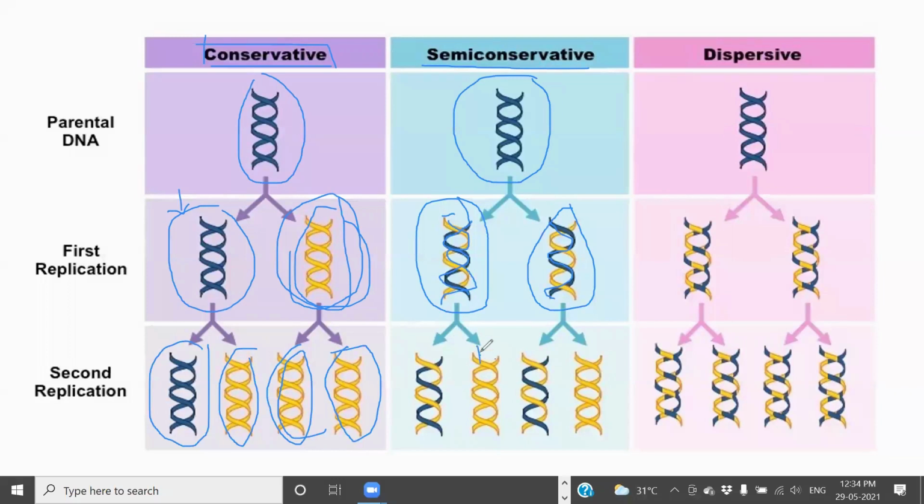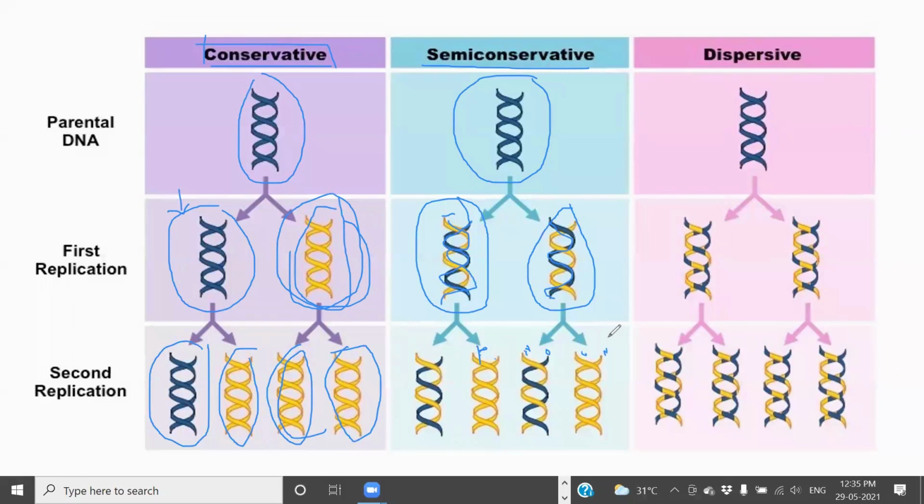In the second DNA molecule, you can see one is the old strand, while the daughter strand is the new strand. Again, one is old, one is new. It means at each cycle of replication, both parental strands separate from each other, and there is synthesis of one new daughter strand.